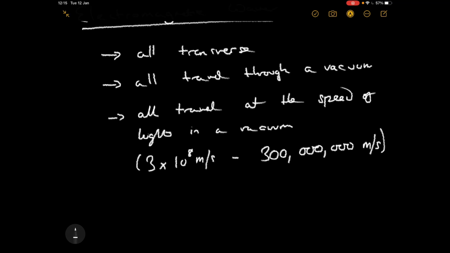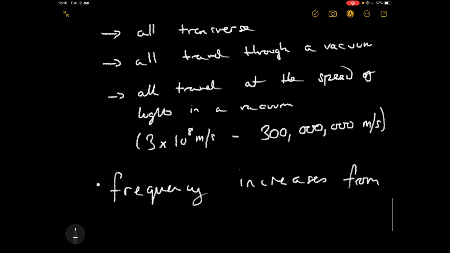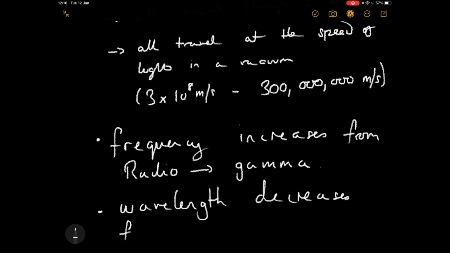As you go along the EM spectrum, the frequency increases as you move from radio to gamma, but also the wavelength decreases from radio to gamma.